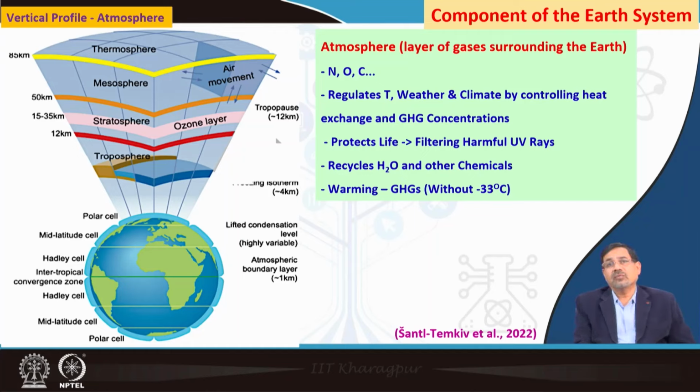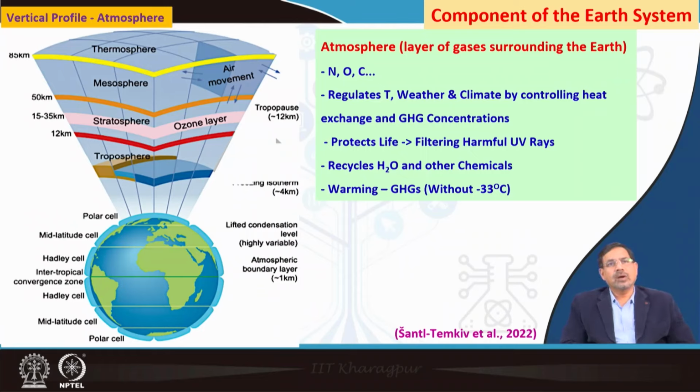So friends, if the Earth's average temperature is about 15.6 degrees centigrade these days, had the greenhouse gases not been there, the Earth's average temperature would have been less by 33 degrees centigrade. So it is very, very important. That is why the understanding of the atmosphere and its different vertical strata is very, very important.